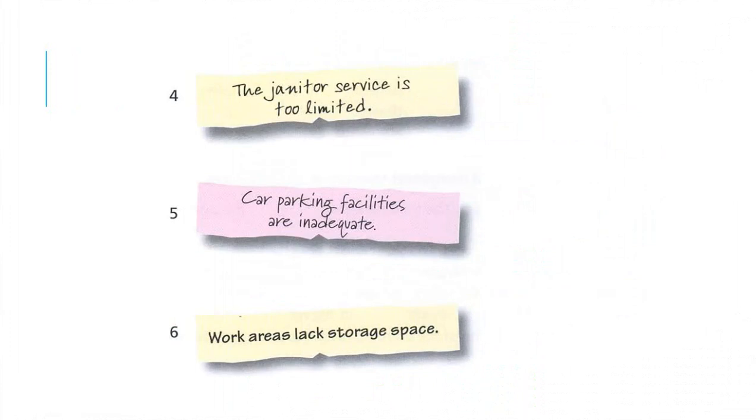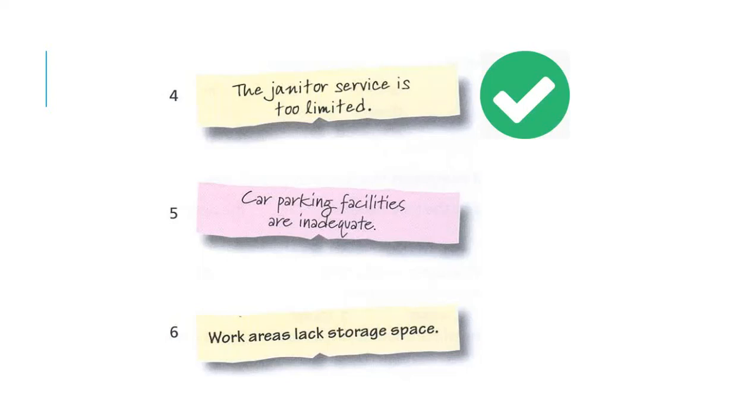Fourth complaint, it says the janitor service is too limited. Remember that a janitor is someone who cleans spaces. It can be the floor, the windows, or the furniture. And when it says that the janitor service is too limited, it means that there are not enough janitors for cleaning the buildings.